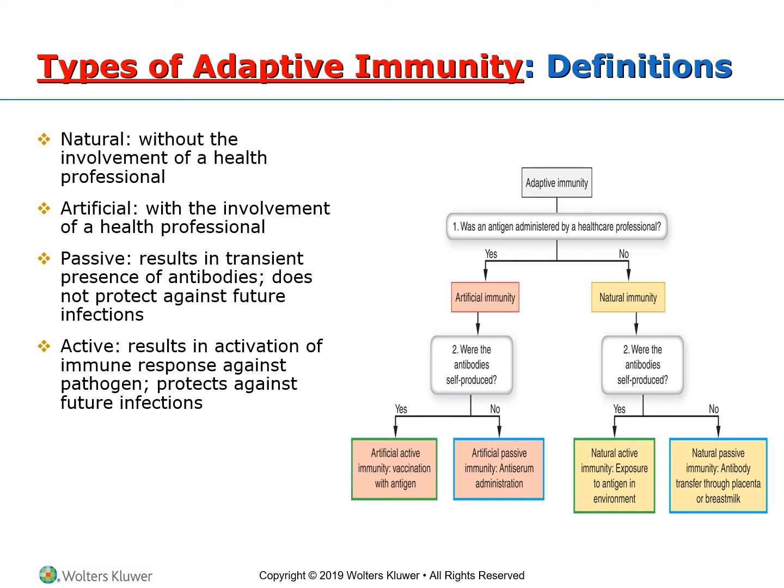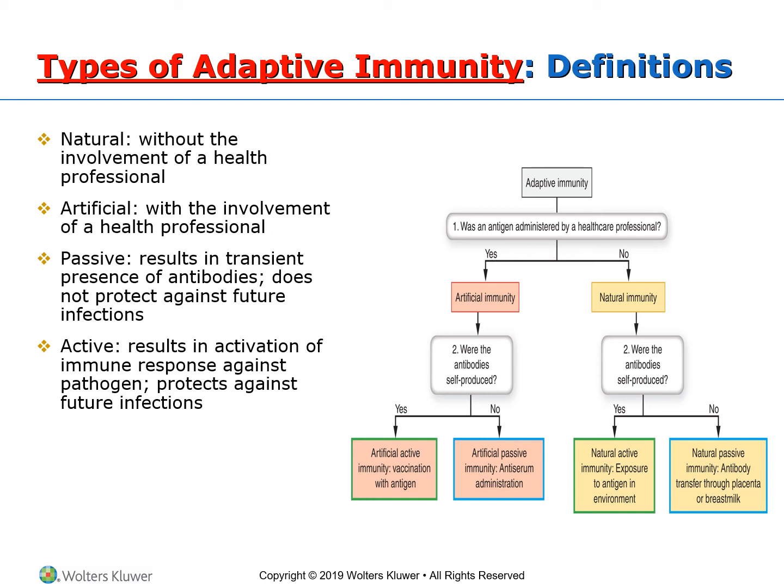So for natural immunity, the active way of gaining it will be by exposing myself to flu, while the passive way of gaining natural immunity will be by receiving antibodies through the placenta or through the breast milk from the mother. That's natural because there is no healthcare professional involved in that.